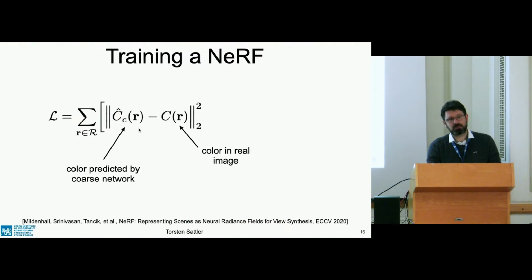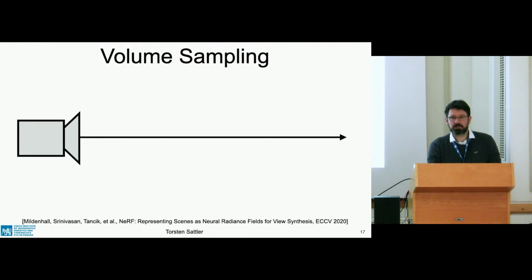In order to make things work, you need to do a few tricks. So first one is to be a bit careful on how you generate the samples. Yes? What about density and the objective function? We don't have any ground truths for the density typically. From images, you don't have an idea of where exactly along the ray the volume is, or where along the ray the surface is.